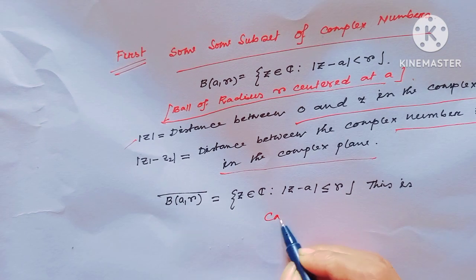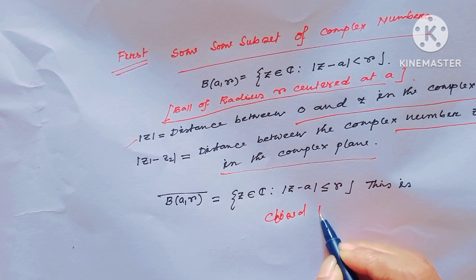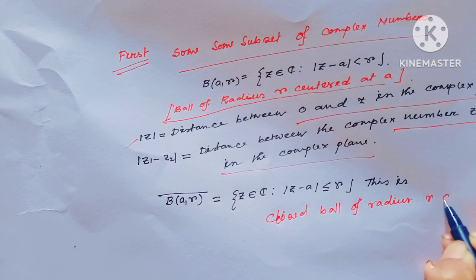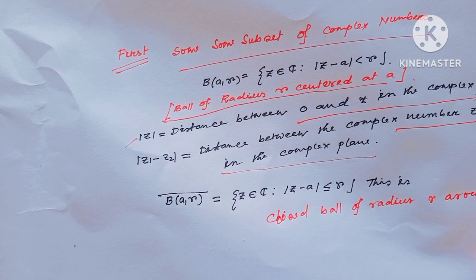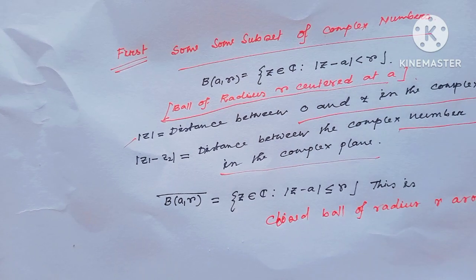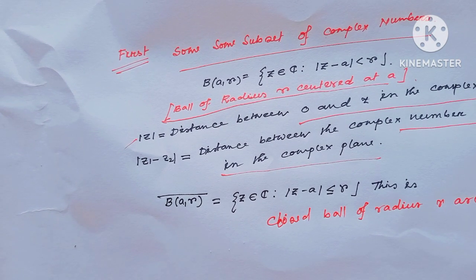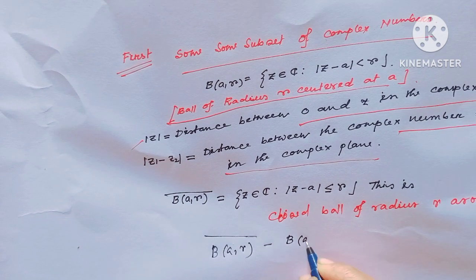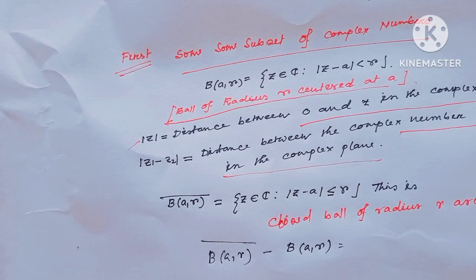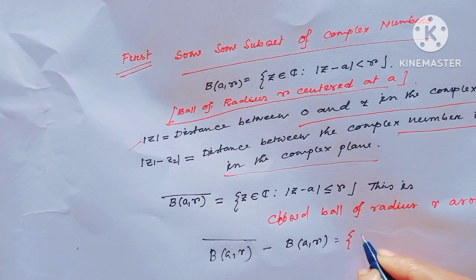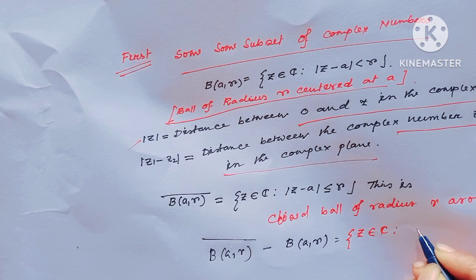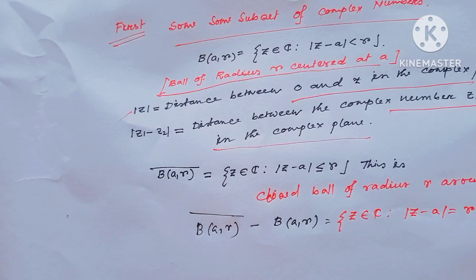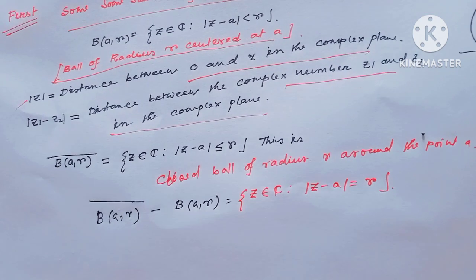This is actually the closed ball of radius r around the point A, and the closure of B(A, R) minus B(A, R) is the set of those complex numbers such that mod z minus a equals r.